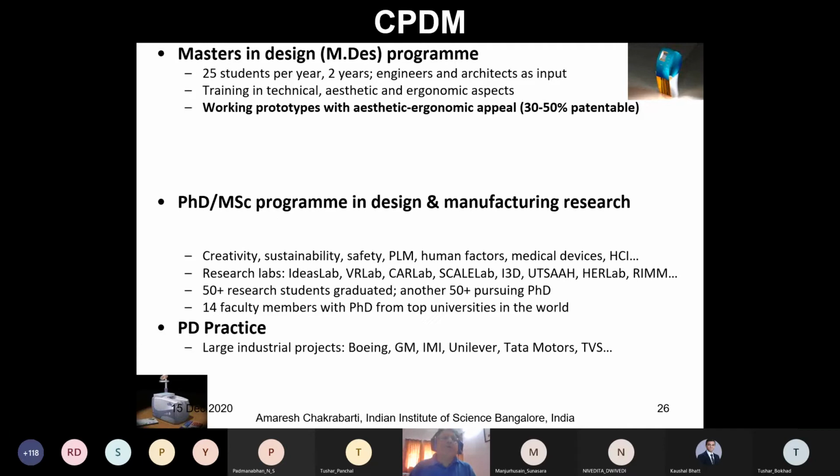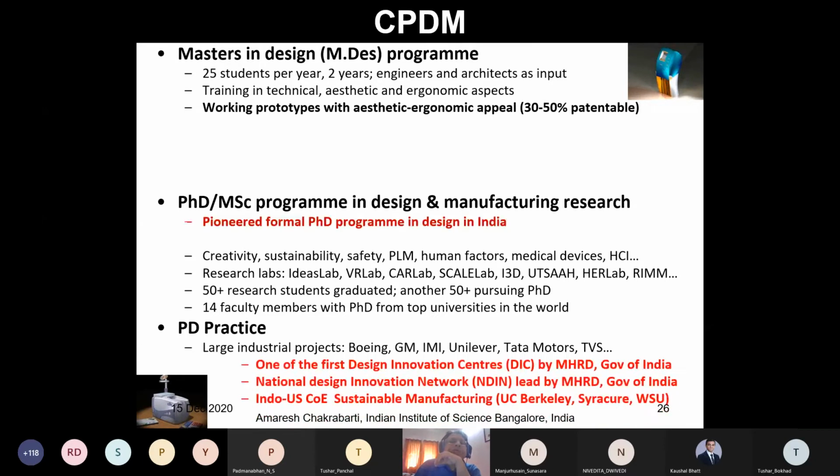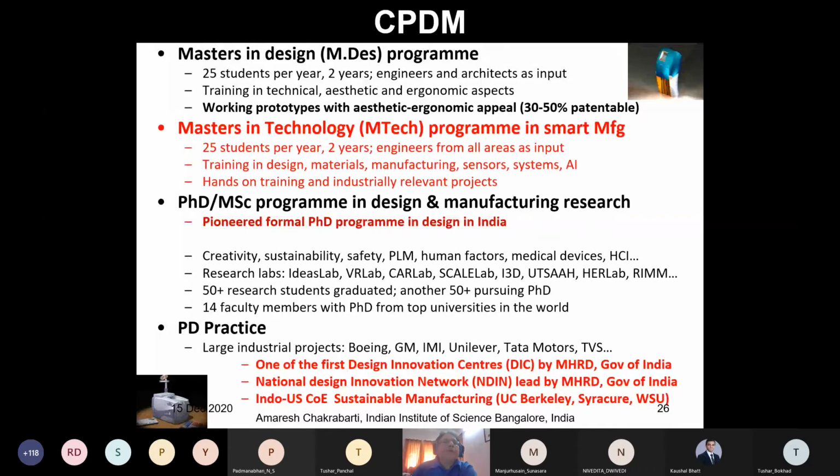We also have a PhD program in design and manufacturing, and this is actually, we started the first PhD program in design in India. We also have a master's in technology program in smart manufacturing. Once again, we take students from every area of engineering and train them to become somebody who can embrace traditional manufacturing with sensor systems and artificial intelligence to be able to develop hands-on machine systems and manufacturing technologies.